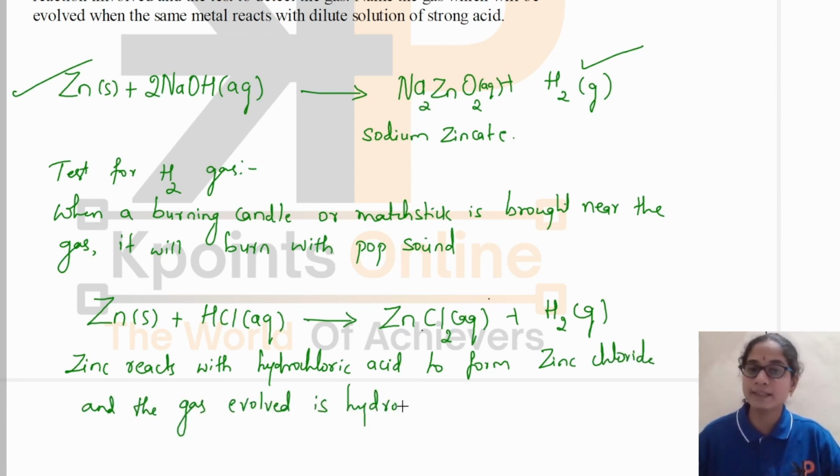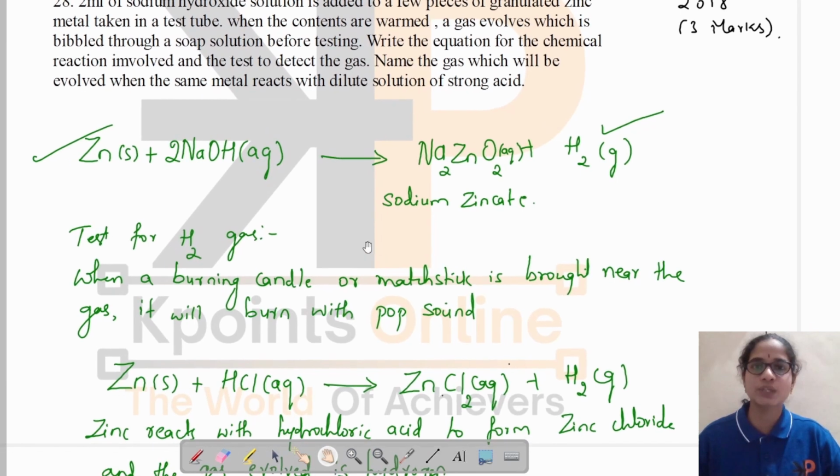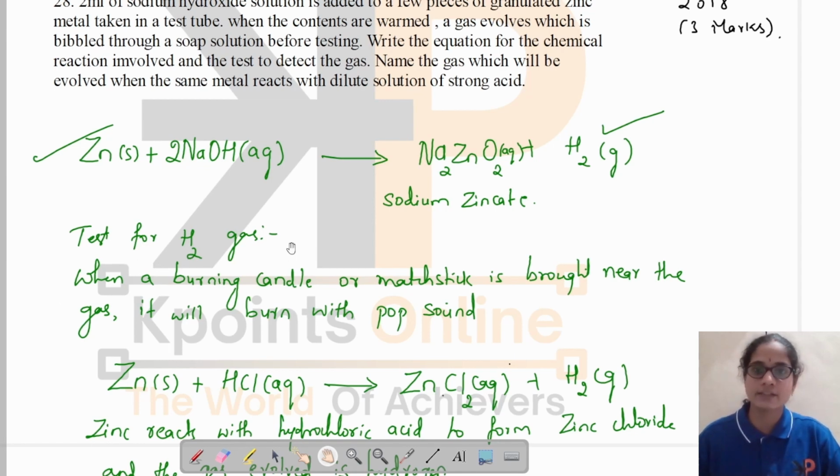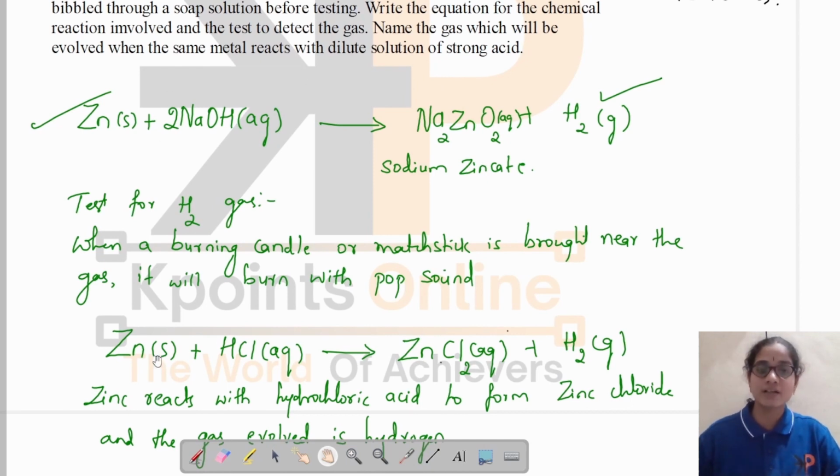So you should complete the answer. First check the question properly. What all they have asked you. Okay, in the same question you can see here it is of 3 marks actually. You have to write the equation for the reaction of zinc and base here, that is sodium hydroxide. You should write the complete equation. Then they have given that write the test for the gas that is evolved. So we have written the test for hydrogen gas here. And also they have asked to write the reaction for the same metal, that is zinc.